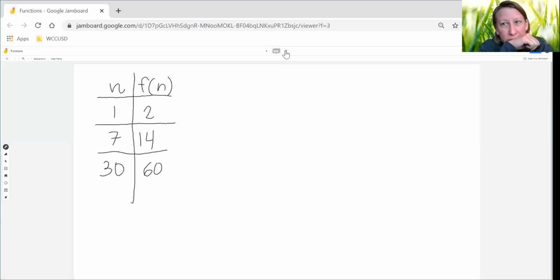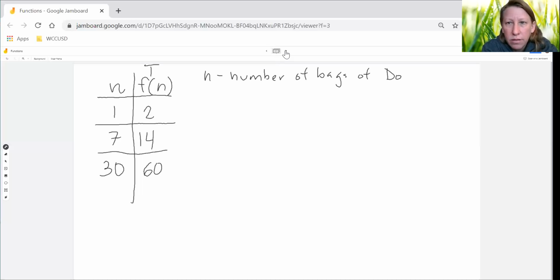Okay, does this kind of make sense? So we can think of this two ways. We can think of this as the total cost. I should always define my variables when we're representing something in math. We like to know what the variables are. So N is the number of bags of Doritos I buy.